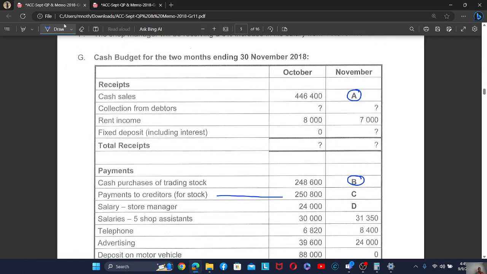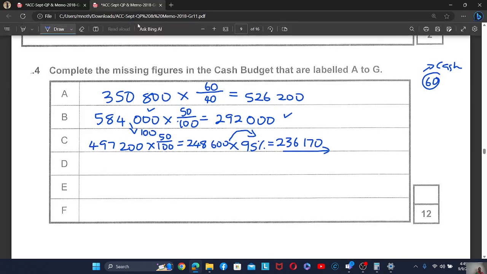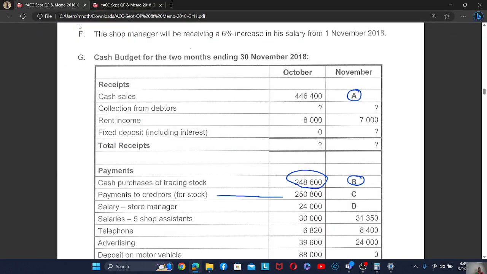For October, you can see that the cash purchases are 248,600, right? So actually, we could have used the cash purchases of October.